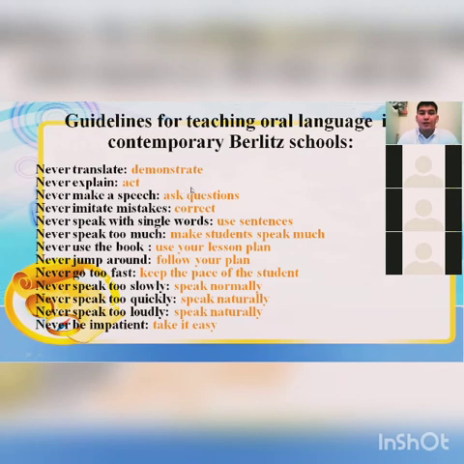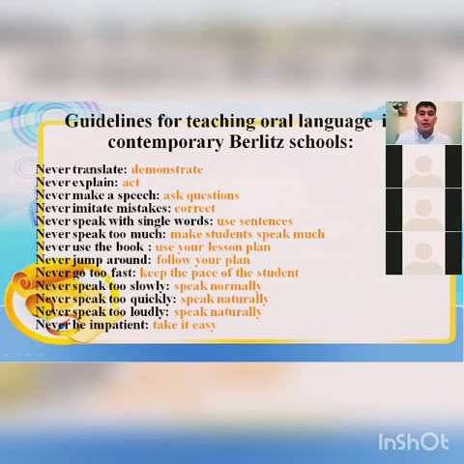So here we have the guidelines for teaching oral language in contemporary Berlitz schools. As I have mentioned before, the direct method was used in Berlitz schools and in Lingua schools. They were the first schools who used the direct method. So here we have the opposite of the grammar translation method.